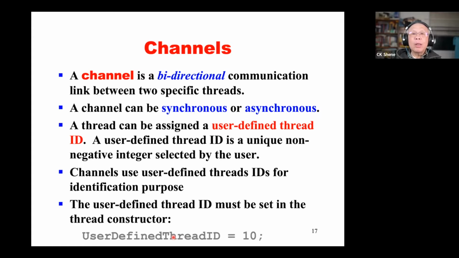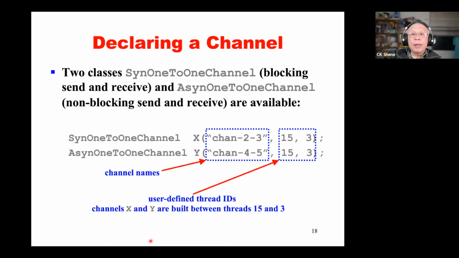The first one is the system assigned, which you don't need to know. The second one is the one assigned by the programmer. That is the user-defined thread ID. Giving a user-defined thread ID to a thread, you are able to use these IDs to build channels between two threads.